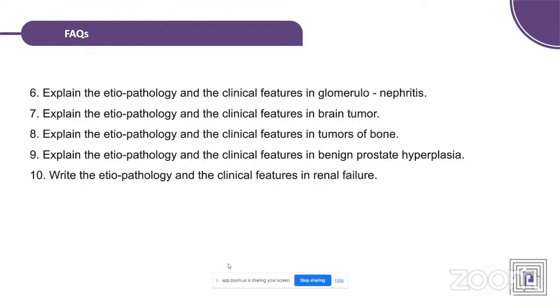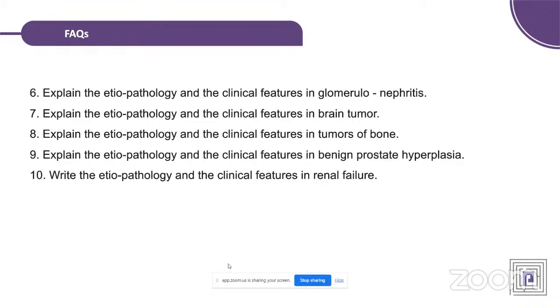Then coming to etiology and clinical features in benign prostatic hyperplasia. So, what is the etiology? It could be due to hormonal changes in old age, and it could be due to arteriosclerosis in old age and some nutritional imbalance.